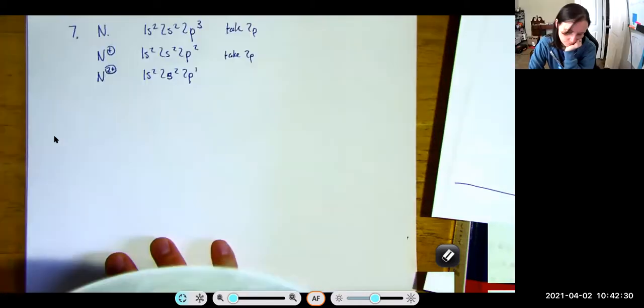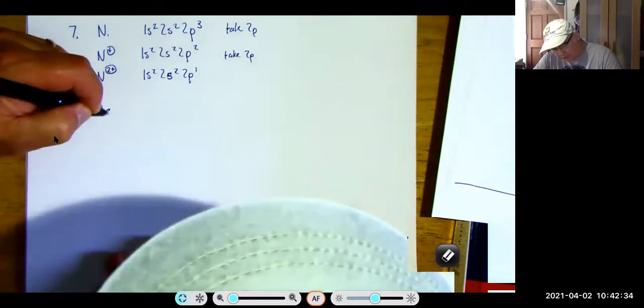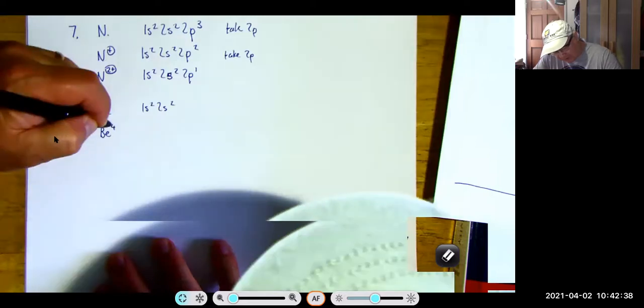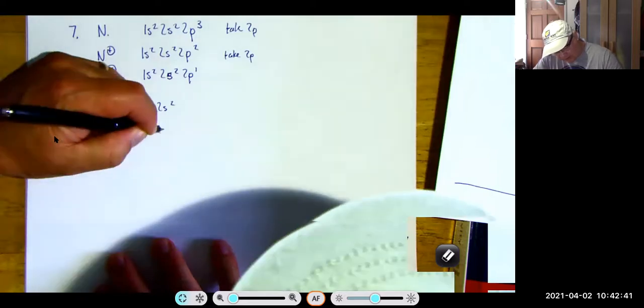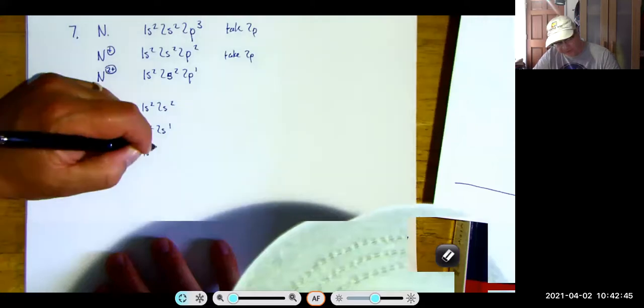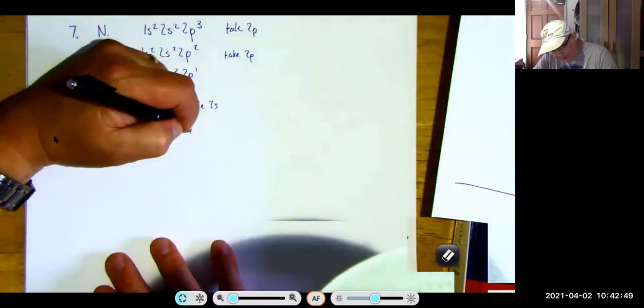And then for beryllium, it's 1s2, 2s2. So beryllium plus 1 is going to be 1s2, 2s1, and beryllium 2 plus is going to be 1s2. So here you're going to take a 2s, and here you're going to take a 2s.